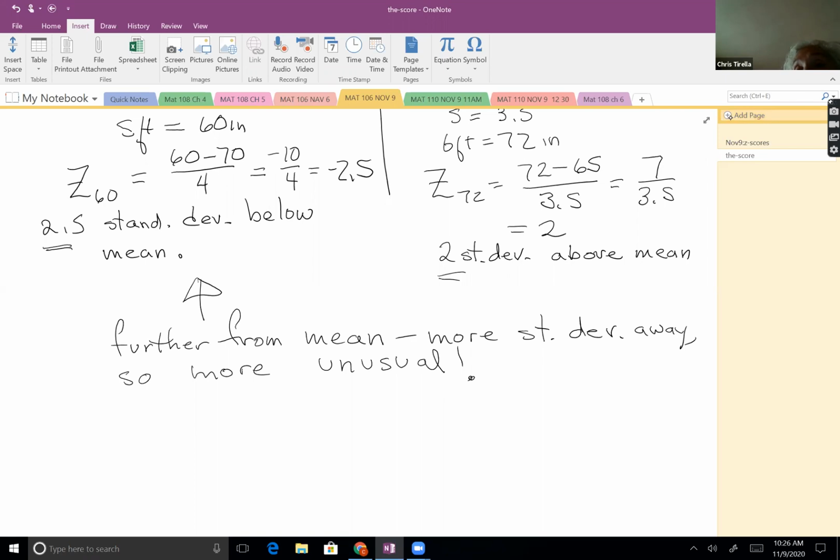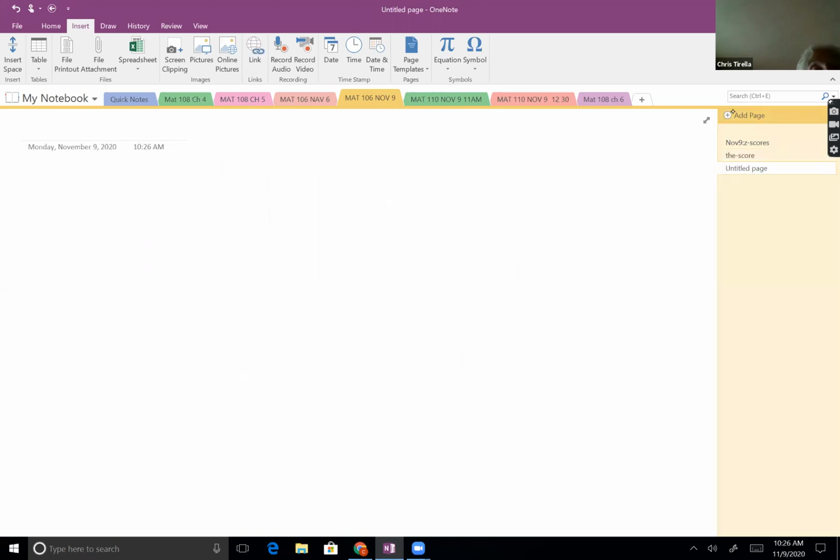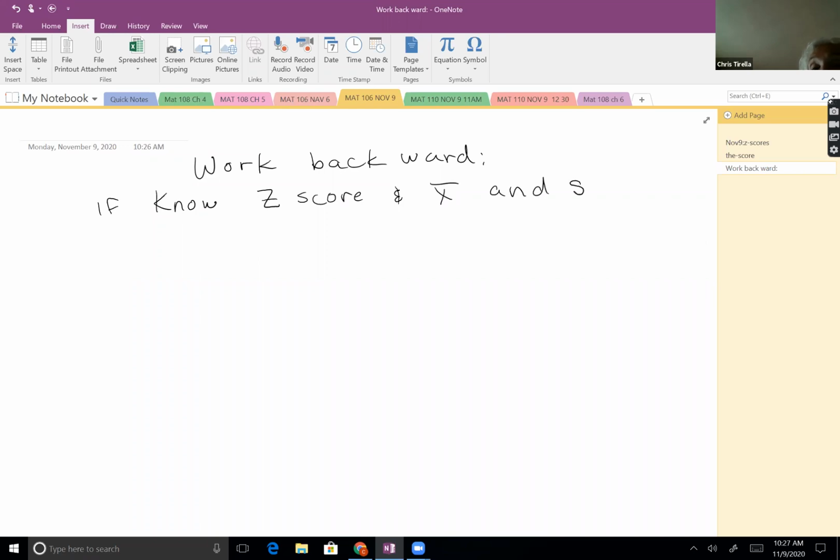Now, another thing that we have to do with z-scores is we have to be able to work backwards. And by working backwards, I mean that if you know the z-score and the mean and the standard deviation, you should be able to find the data value.